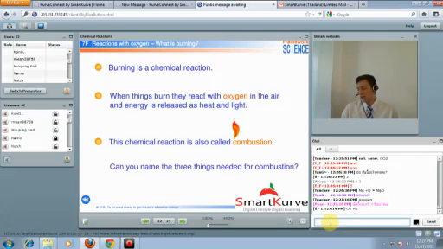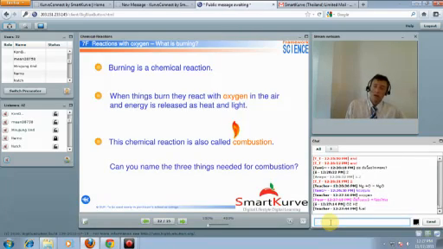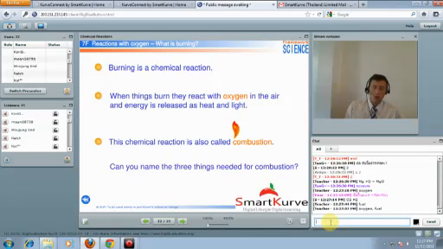We're going to need oxygen. What else? Well, in the case of magnesium, that magnesium is called our fuel. We need something to burn. If we burn a piece of paper or we burn a piece of wood, that's called our fuel. So we need oxygen. We need fuel.